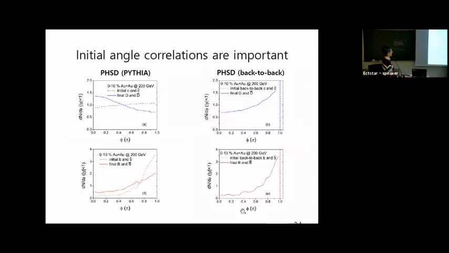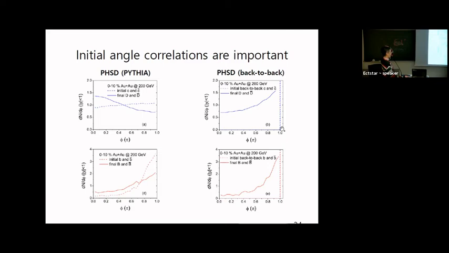And we also studied the effect of initial angle correlations. We assumed a heavy flavor pair is always produced back-to-back. Then the initial correlation function will be a delta function at pi equals 1. And bottom is the same. This is a delta function.